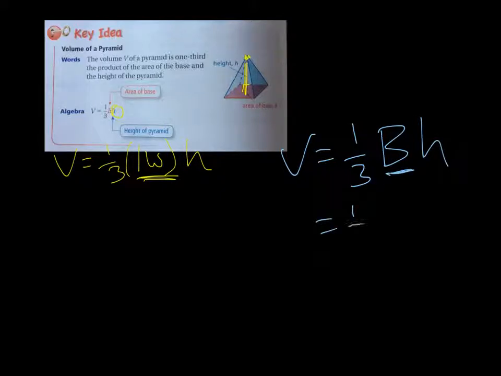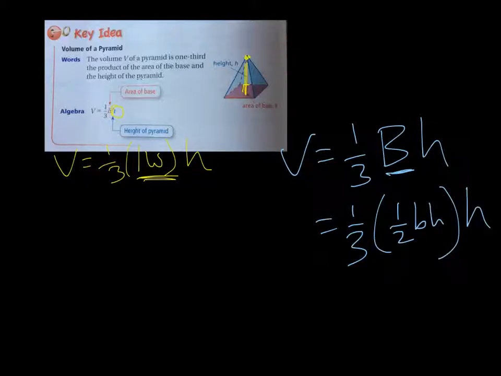If it's a triangular pyramid, you're going to have volume equals 1/3, but this is going to be the area of a triangle formula, which would be 1/2 base times height, times the outside height. And again, this height in here is going to be the height of the triangle base, not the height of the pyramid, which is the distance between the vertex and the base.